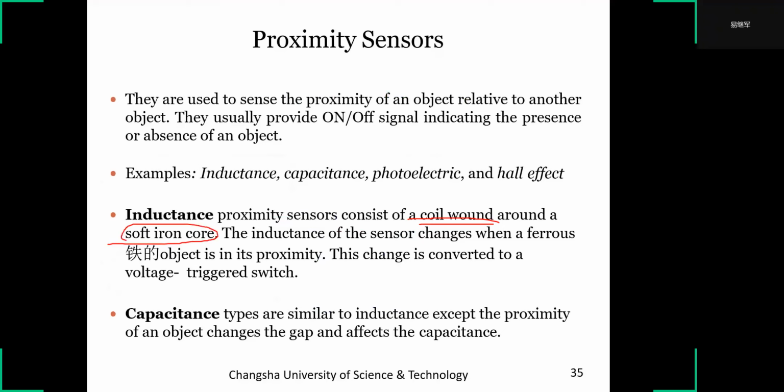The inductance of the sensor changes when a ferrous object is in its proximity. This change is converted to a voltage-triggered switch.